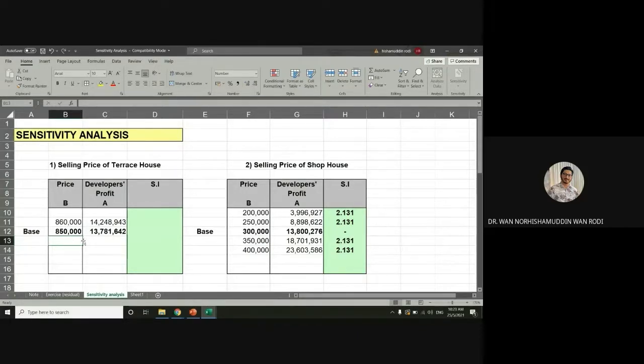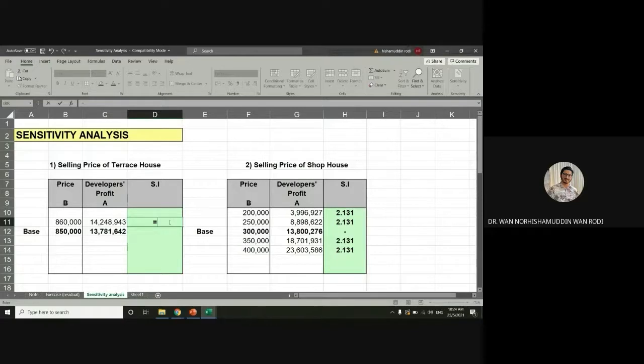And then you can conduct the sensitivity index. It is still adequate if you only have two sets of figures here, because the answer will be the same when you calculate the SI. You calculate the SI using the formula.